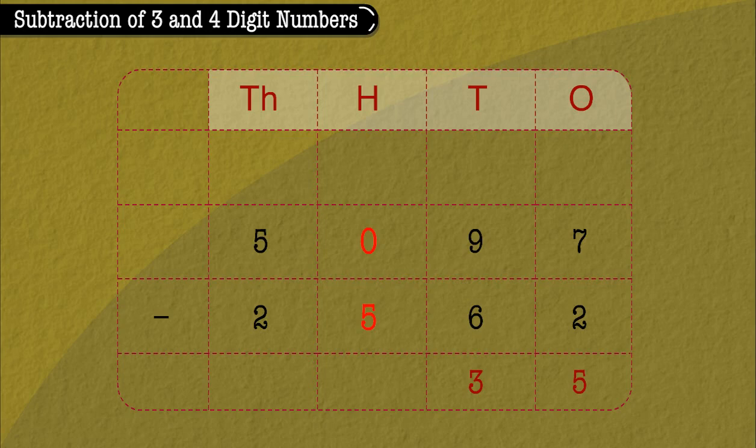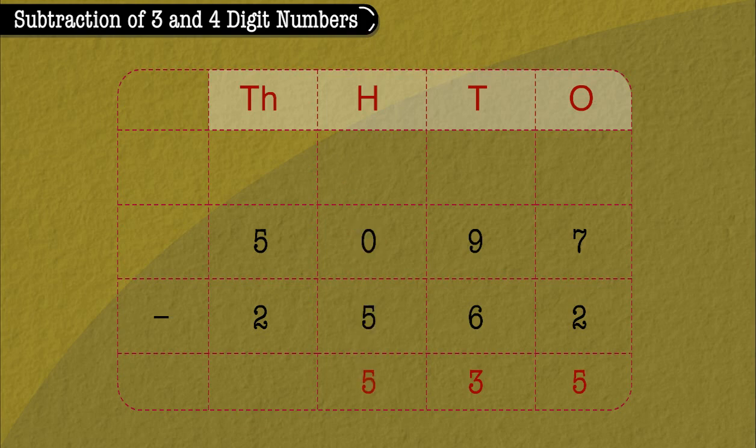To do this, we need to borrow a 1 from the thousands place. When a 1 is borrowed from the thousands place, 0 in the hundreds place becomes 10. And then 5 is subtracted from 10 to get the difference as 5.